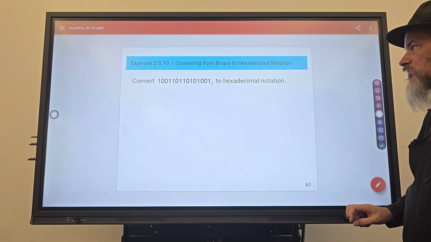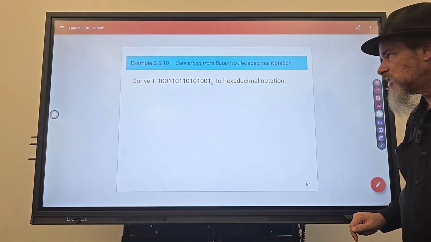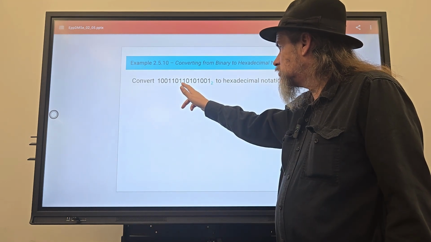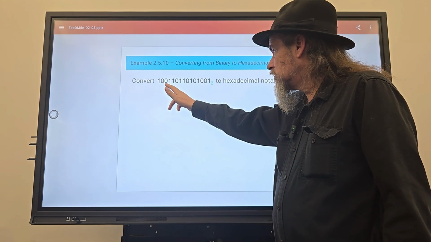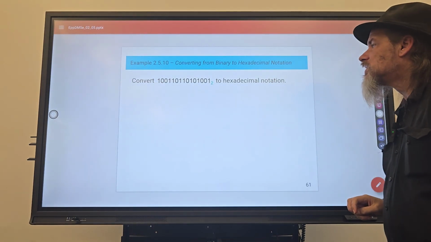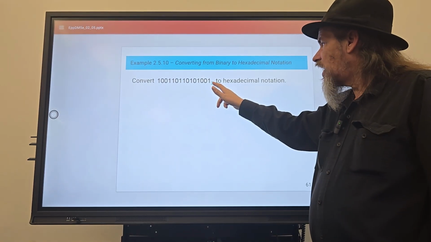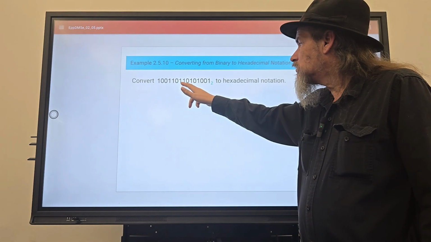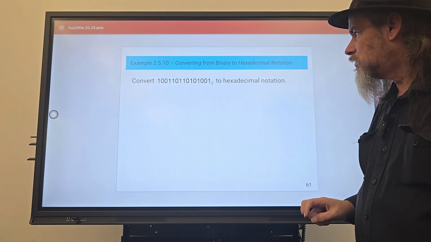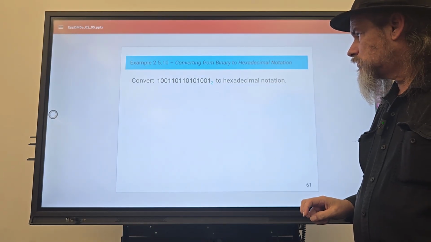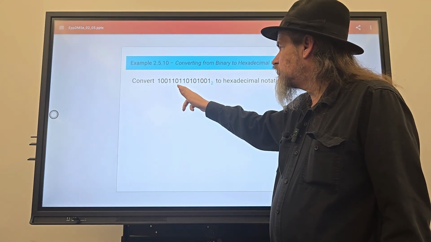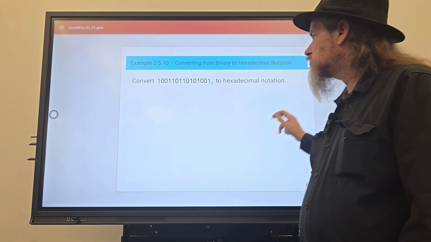So convert that big number to hexadecimal. 101, 1010, 1101, and 0100. So you'd have 9 here, A here, I'm sorry, A, C, I believe, C here, and 4 there.